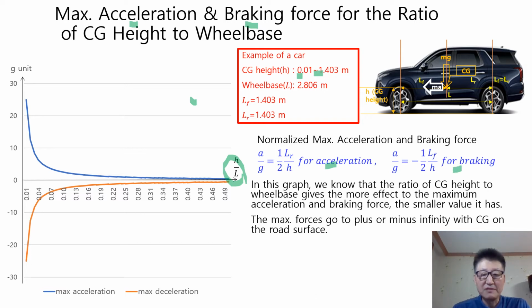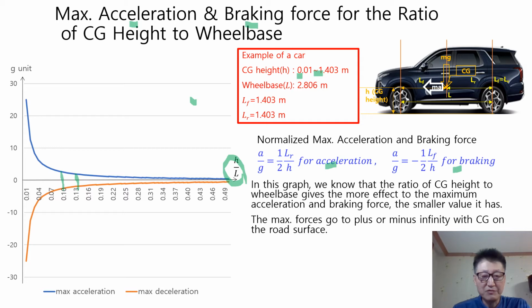In this graph, we know that the ratio of CG height to wheelbase gives more effect to the maximum acceleration and the braking force, the smaller value it has.